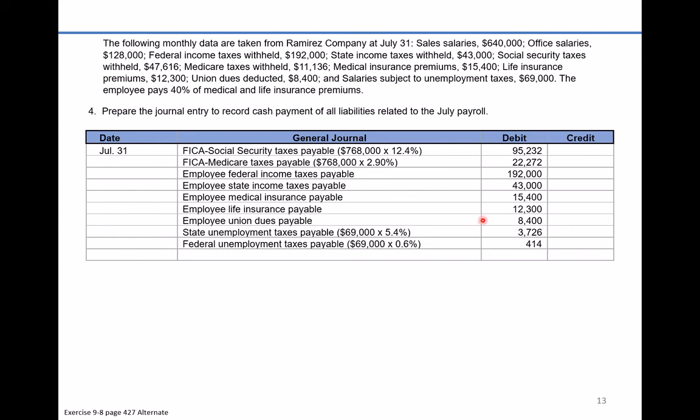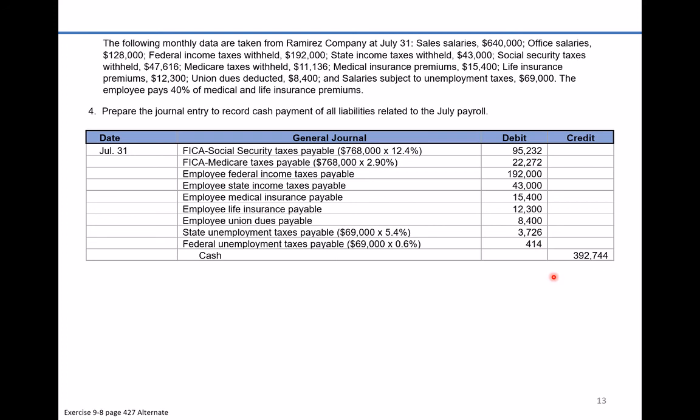So $95,232 plus $22,272 plus $192,000 plus $43,000 and $15,400 plus $12,300 and $8,400 and $3,726 and $414. Plug that in your calculator and it should come up to $392,744. Also coming out of cash with a credit entry.